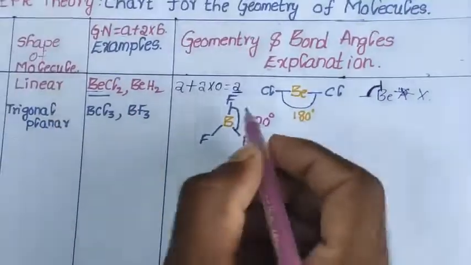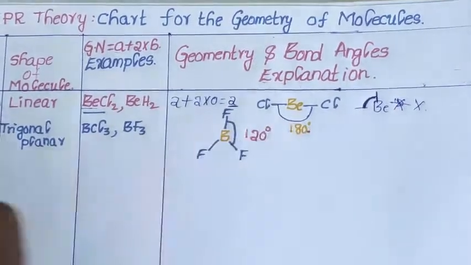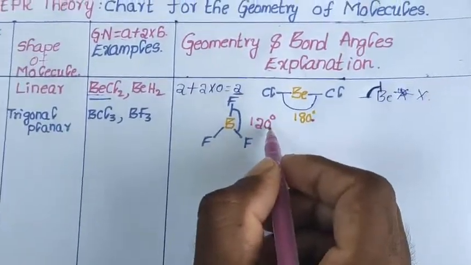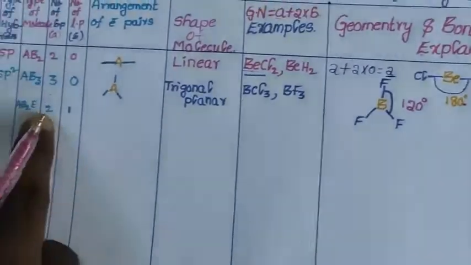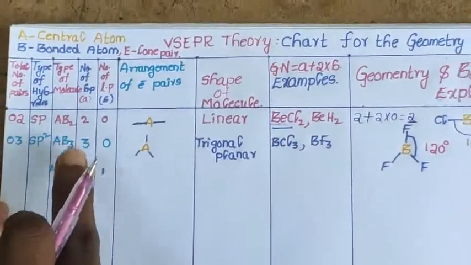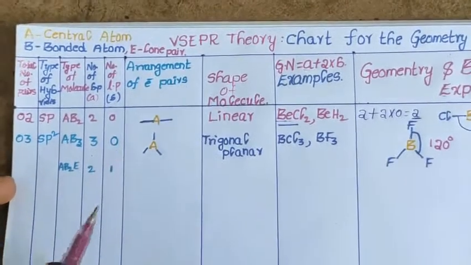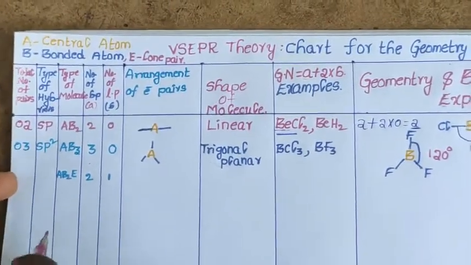For sp, the bond angle is 180. For sp2, the bond angle is 120 without lone pairs. But sp2 with 1 lone pair means 2 bond pairs and 1 lone pair.